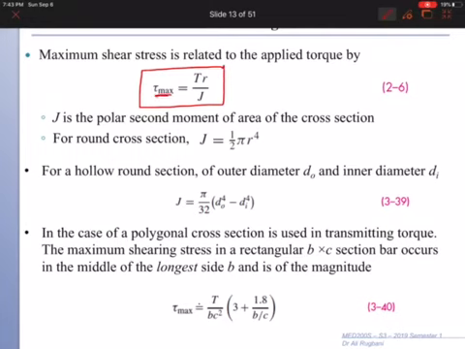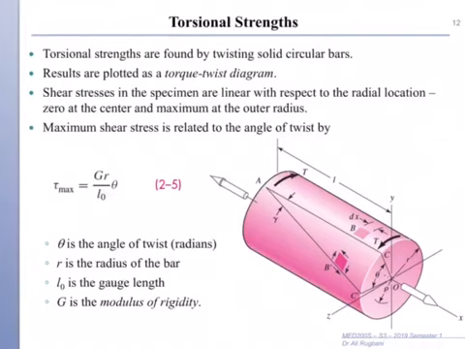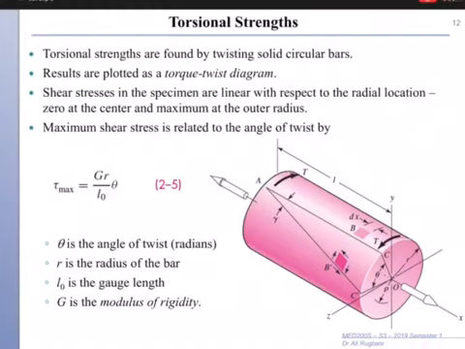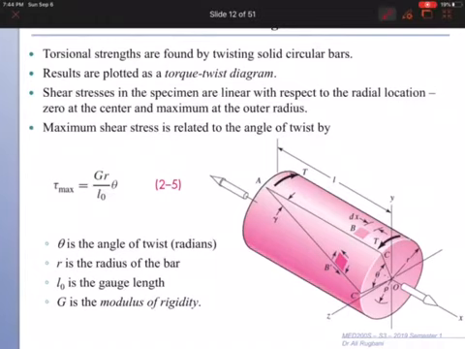That is because maximum stress happens at the top surface. You see, this is the center, and this is the top surface. So a point at the top surface would have traveled from here to here because it was subject to maximum torsion, whereas the center point will not move.